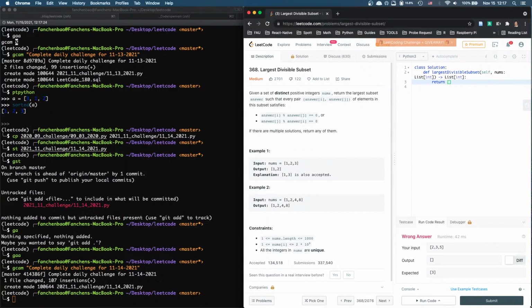So every value, hold on, union find. How about union find? Which means because we are looking for a set that is all divisible, right? Everybody inside is divisible by everybody else.